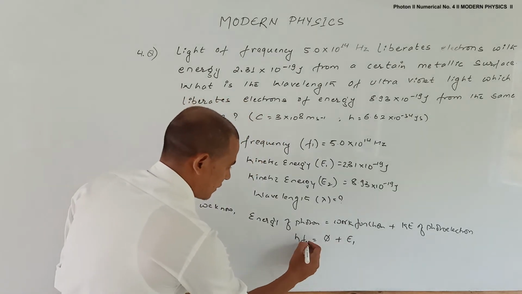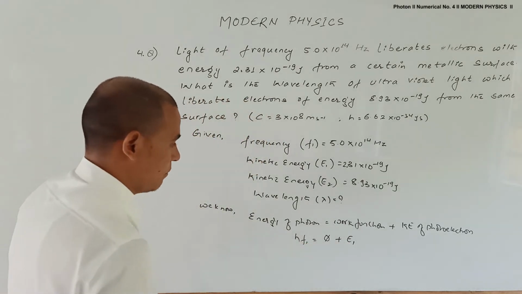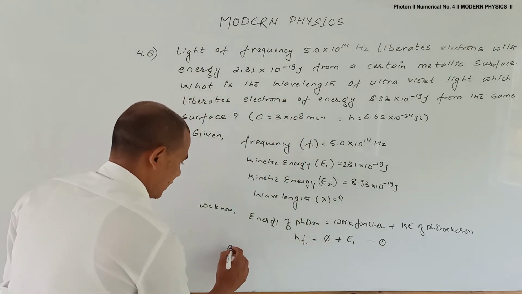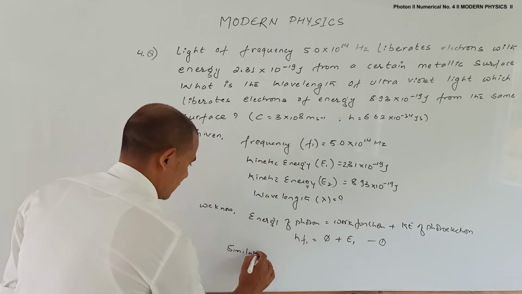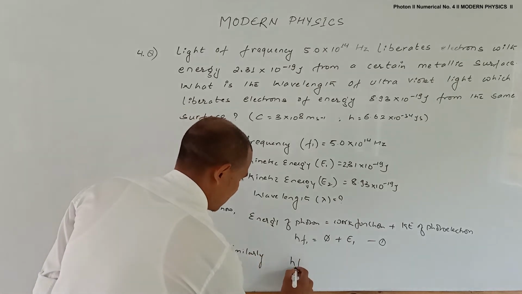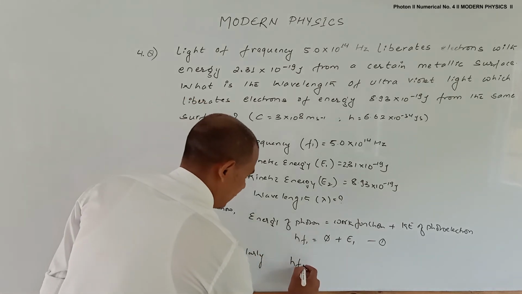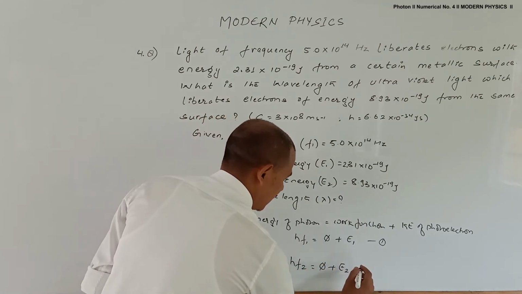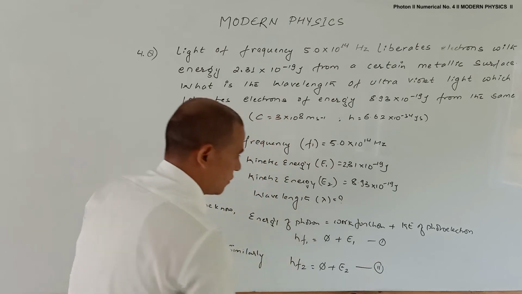So this will be hf1 equals phi plus E1. Let us write this as equation 1. Similarly, for the second energy, hf2 will be equal to phi plus E2. So this will be equation 2.